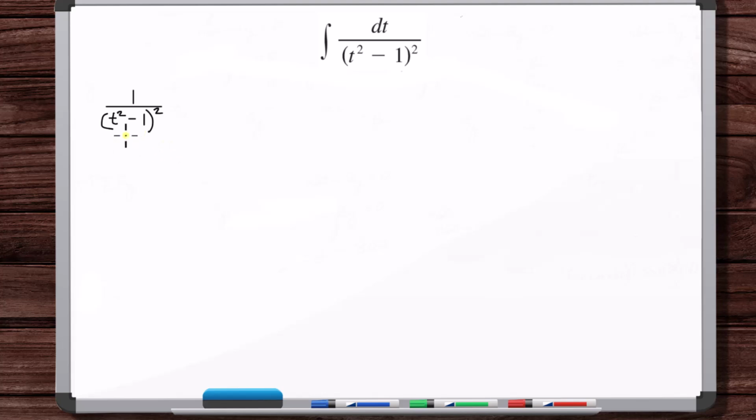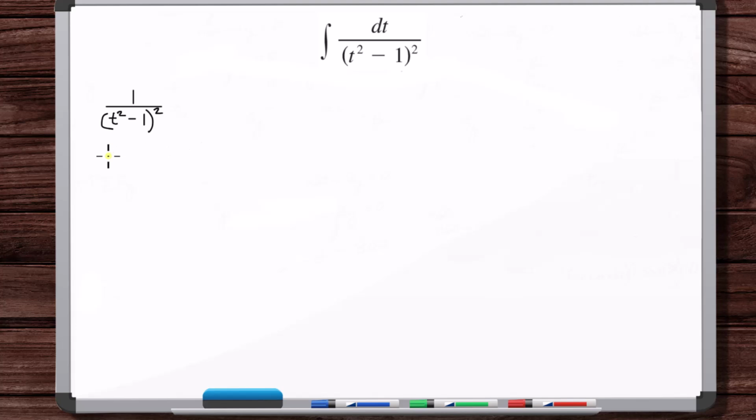A quadratic factor is a t squared plus bt plus c. So this is a quadratic factor with b equal to 0, c equal to minus 1, and a equal to 1. Now you can check to see if the quadratic factor can be factored any more using the discriminant.